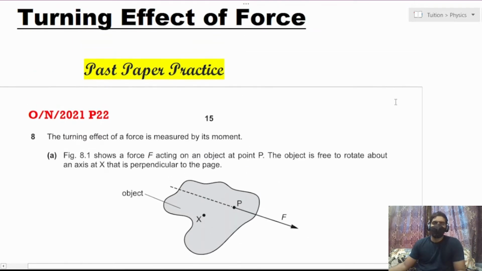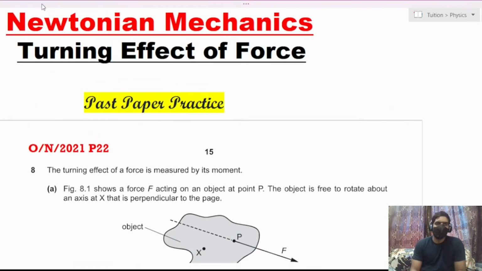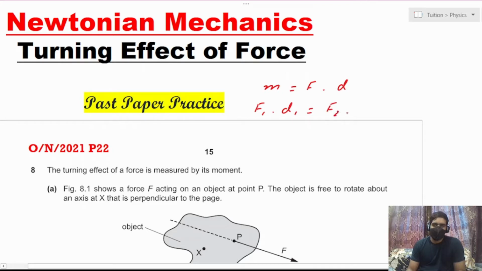And before we start, primarily you need to be aware of these two mathematical expressions for finding the moment of force. First of all, moment of force, if you want to denote it by M, equals force times perpendicular distance between the force and the axis of rotation. And we then extend this formula, and we say product of force and perpendicular distance is constant if the system is in equilibrium, right?